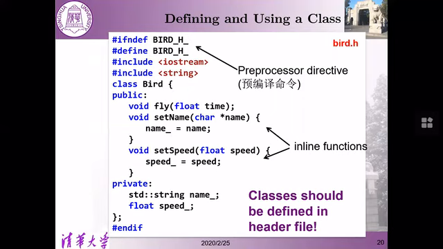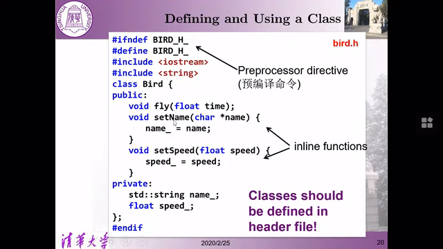Okay, now we have some questions, some example. So here we are defining a header file, bird, and this is the preprocessor directive we have learned before. And then this is class bird. We have public interfaces or public member functions.